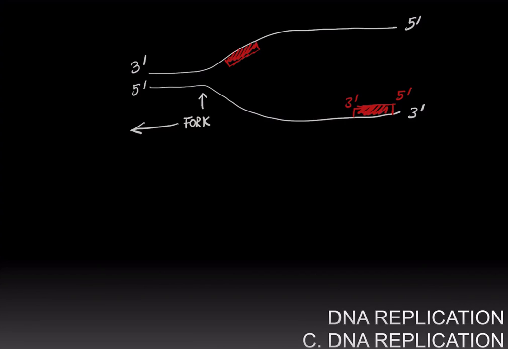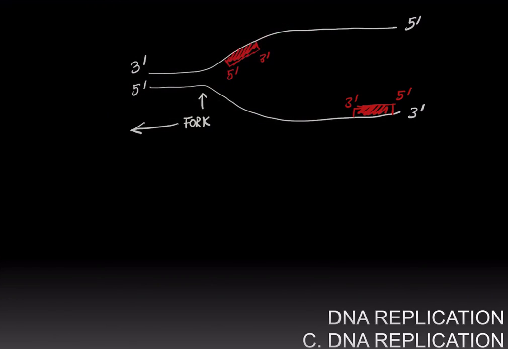The RNA primer is going to be anti-parallel, since it base pairs with the template strands, and so 5' in this primer is going to be on the right and 3' on the left. Similarly, in the RNA primer on the template strand that's on top, 5' will be on the left and 3' will be on the right.